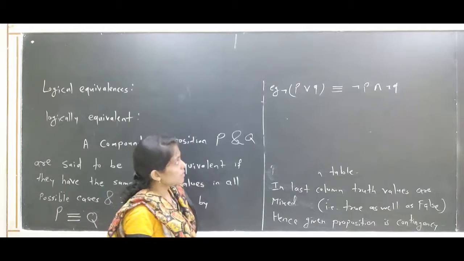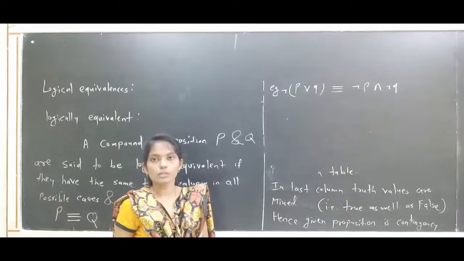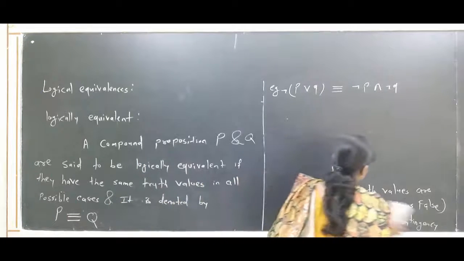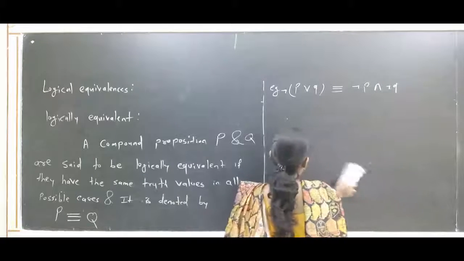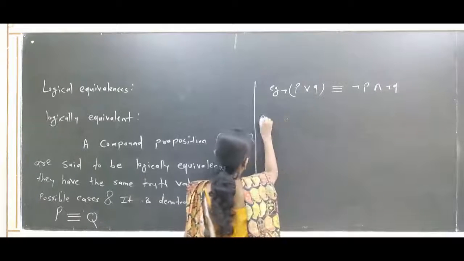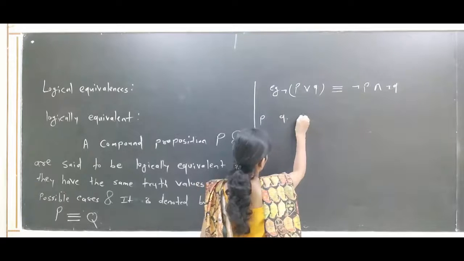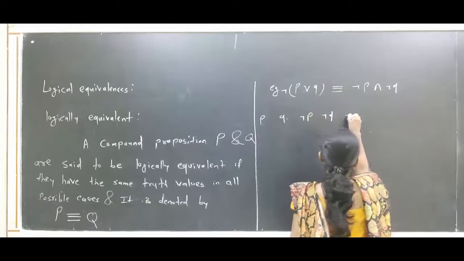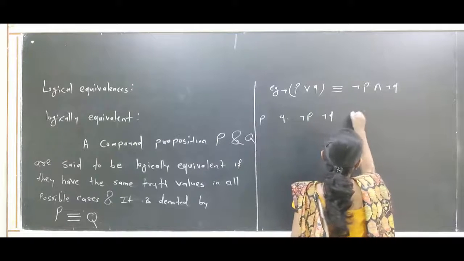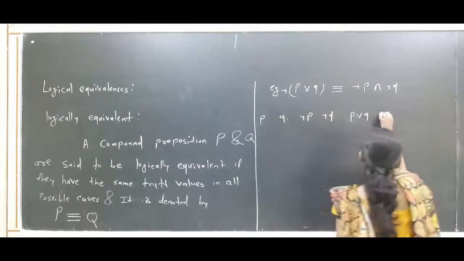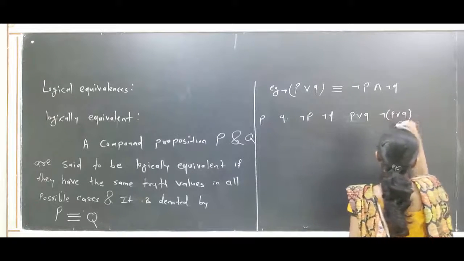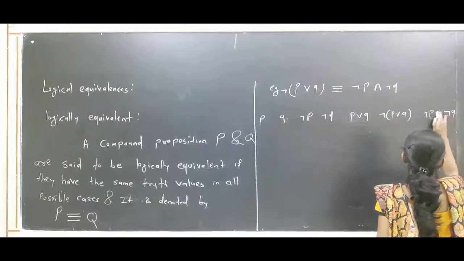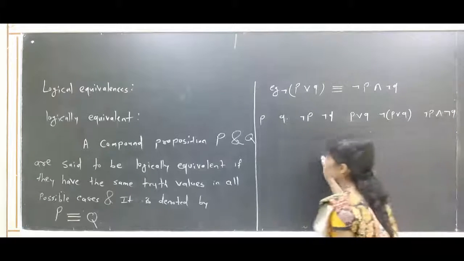For this, first we construct a truth table with columns P, Q, negation P, negation Q, P or Q, negation of P or Q, and negation P and negation Q.